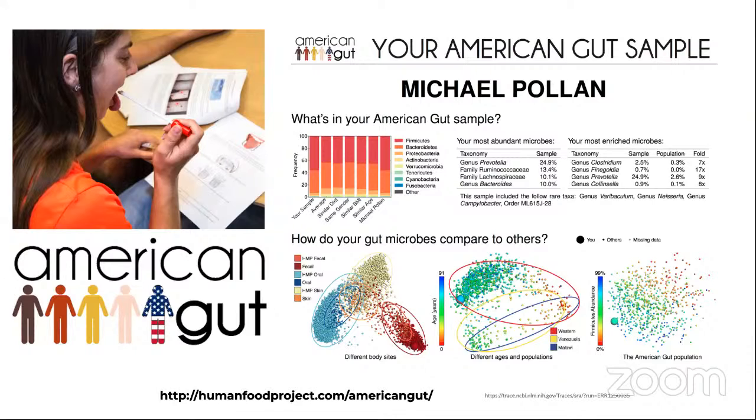It was just an open project to allow anybody, a citizen scientist, anybody who wants to submit their samples and get sequencing results that will allow you to understand how your microbiome is composed out of which types of bacteria, but also how does it compare to some other people.